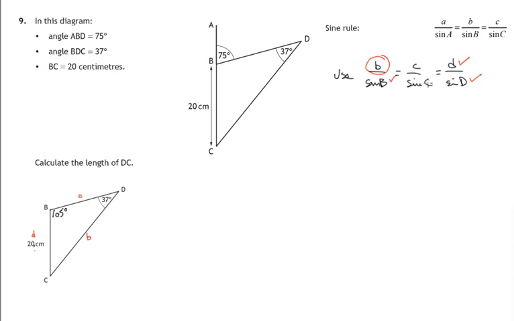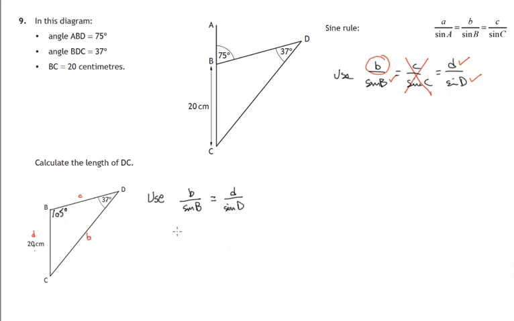We also know angle C, or we could calculate it, but basically this is the part we're not interested in. So to solve this problem, we're going to use b over sine B equals d over sine D.